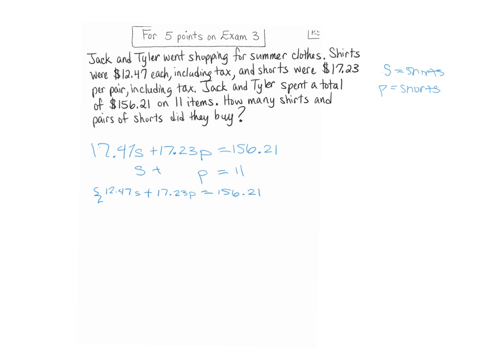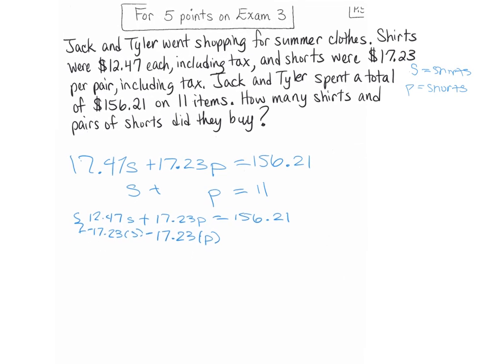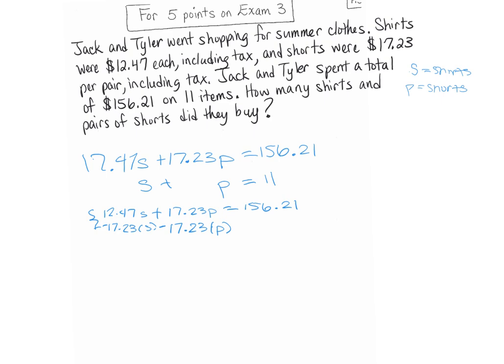And then I wanted to eliminate P, so I do negative 17.23 S, minus 17.23 P equals negative 17.23 times 11.